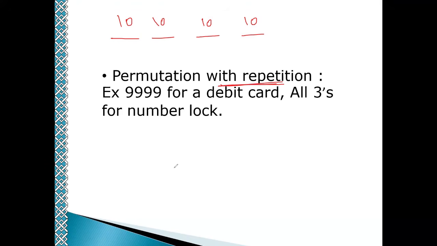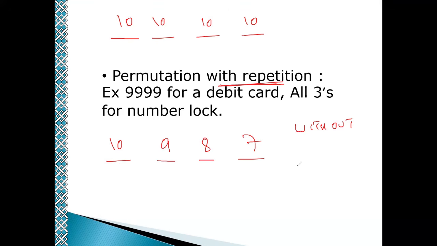If I'm not allowed to use, say without repetition, what will happen now? First I have 10, I already used one. Next will become what? 9. I already used one more. So next will become 8. Next will become 7. Now I am not allowed to use whatever numbers I have used previously.